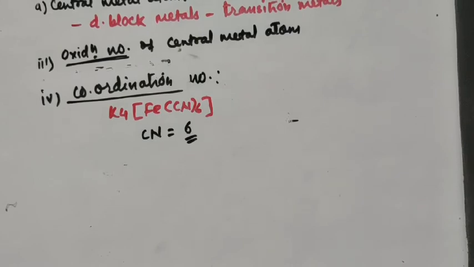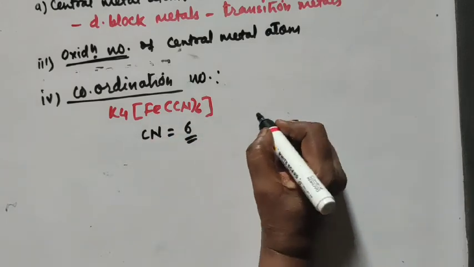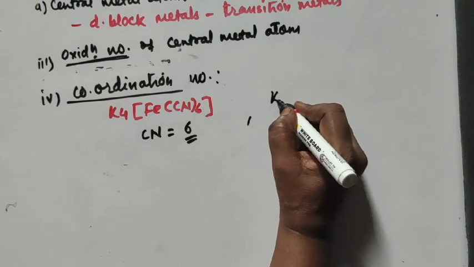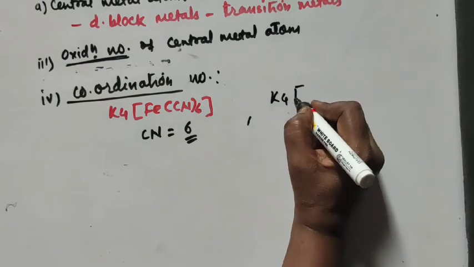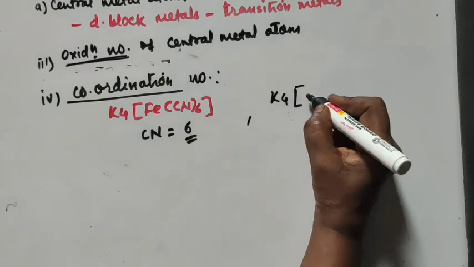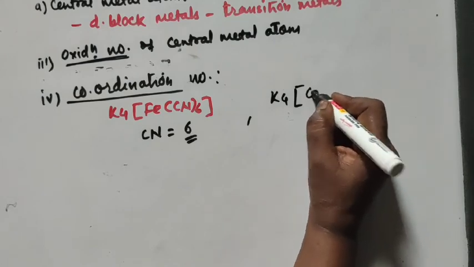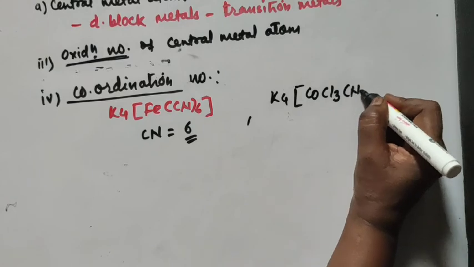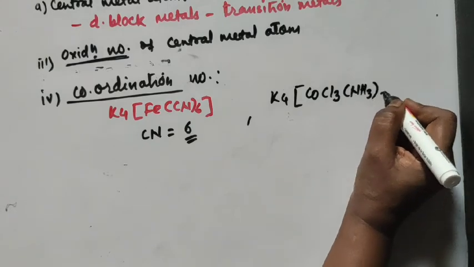monodentate ligand. We'll take one more example, that is K4 and inside it CO, then Cl3, NH3 thrice.